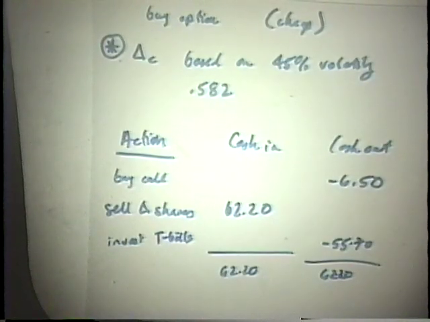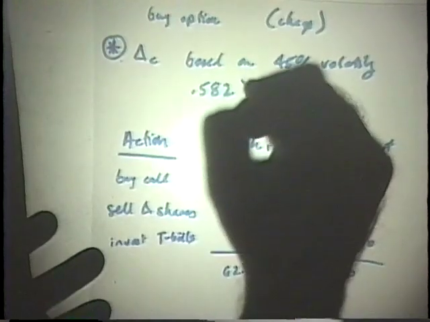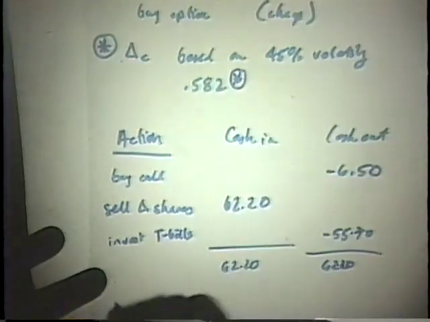Yes. I'm sorry, I'm slow. I don't understand where you got that 0.582 from. The change in state, is that from a table or is that a numerical? That's the delta table. So what I did is, based upon my new volatility, 45%, to get this number, let's put a star here.